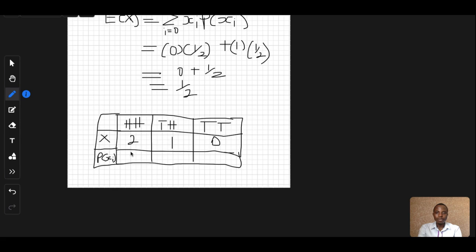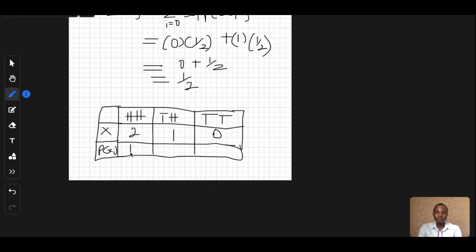So the probability of this one, if you know, is 1 over 4. The probability of this, because there are 2, TH or HT, all right, so those are the 2 of them, so it makes 2 over 4. And then for the last one, it is 1 over 4.